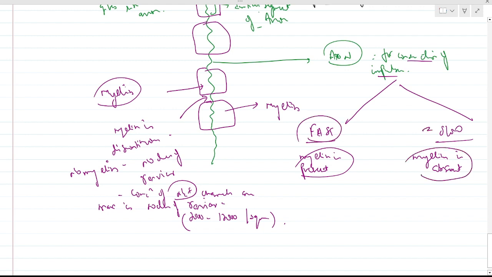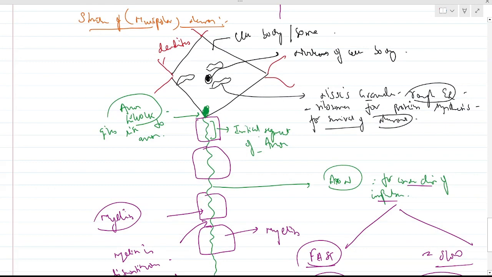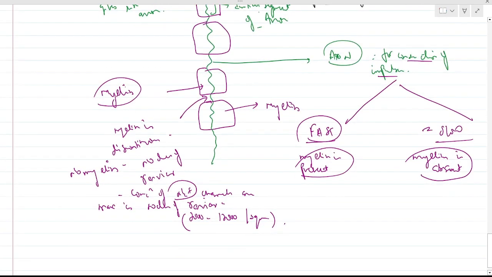Myelin is absent, the conduction is very slow. Okay, so this was the ultrastructure of a neuron, the different parts. Now at the end of this axon, we have an important synapse. It's the last part.